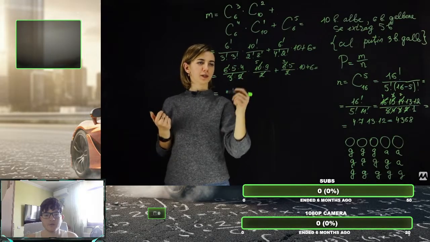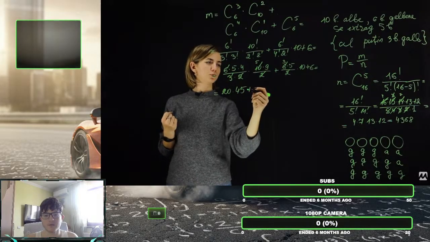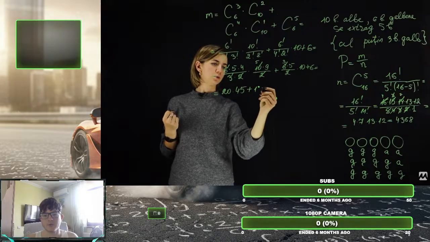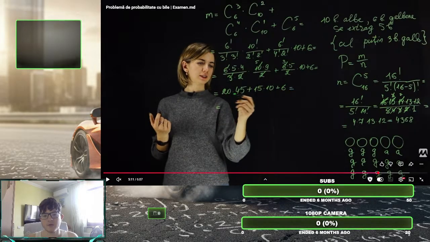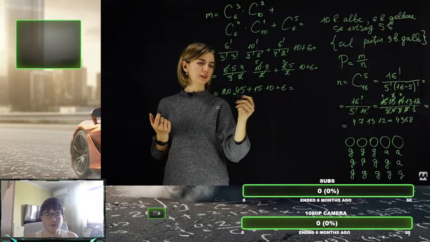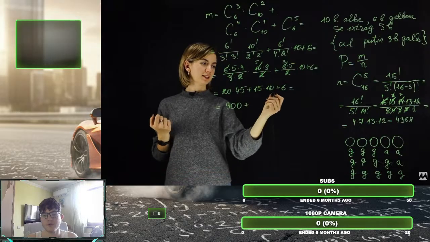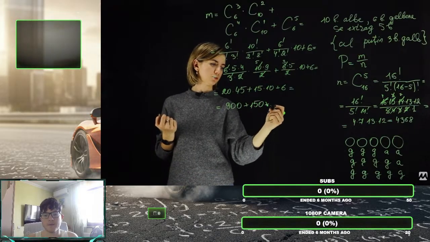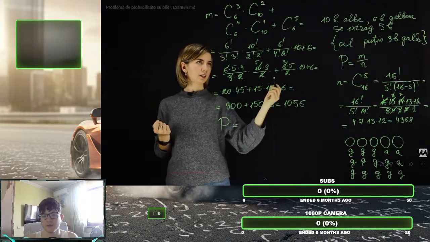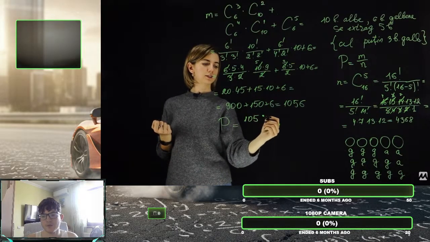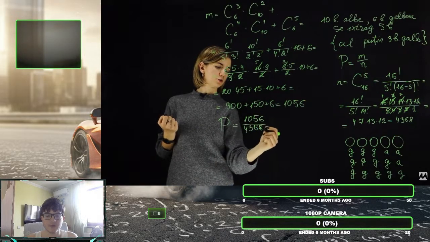So what we have now is 20 times 45 plus 15 times 10 plus 6. 20 times 45, how much is that? That's 900, plus 150 plus 6, so it is just 1056. So plug that in: 1056 divided by 4368, and we can simplify that by 2 at least.